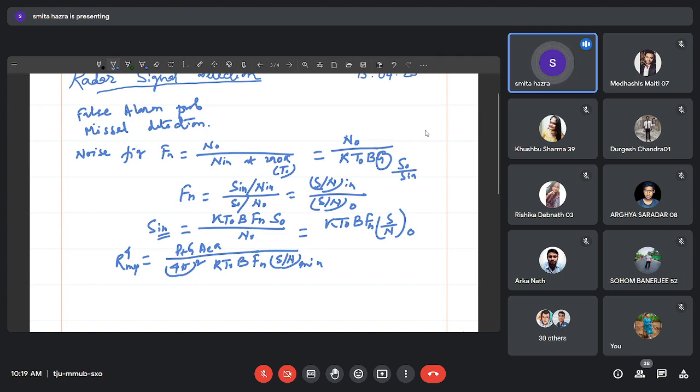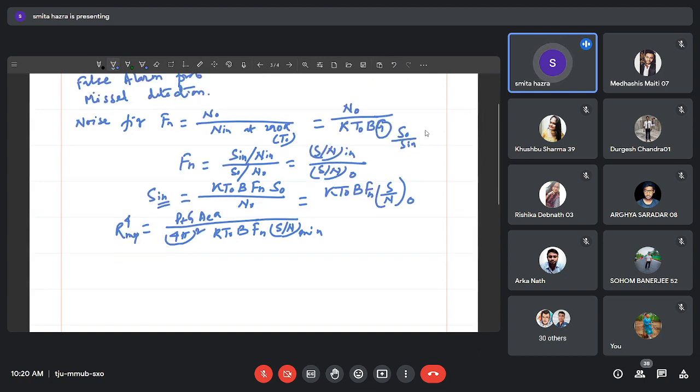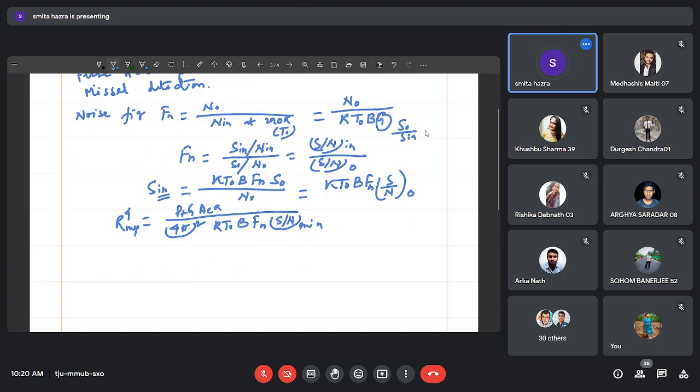Now let us come directly to the missed detections and the false alarm probability. For the false alarm probability, let us take the subsections of the radar receiver, starting from the IF amplifier stages, that means including the amplifier and the filter both simultaneously. Then the second detector.